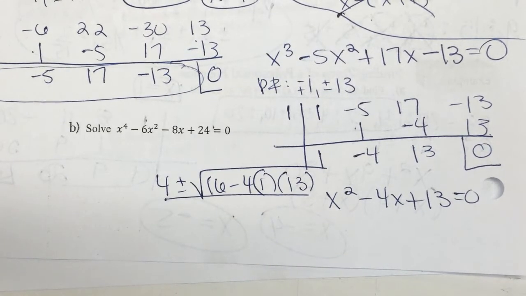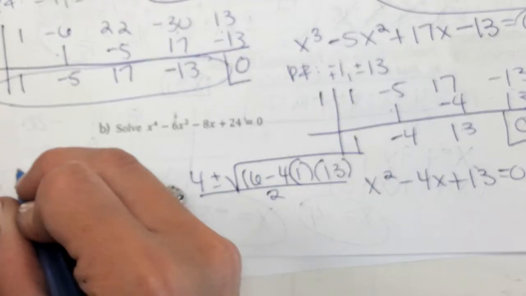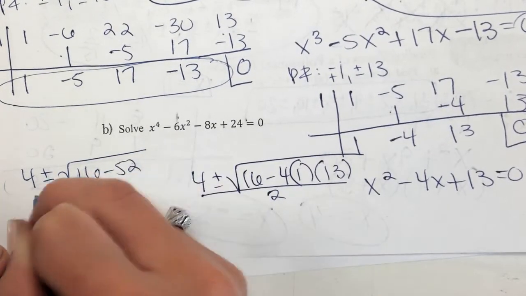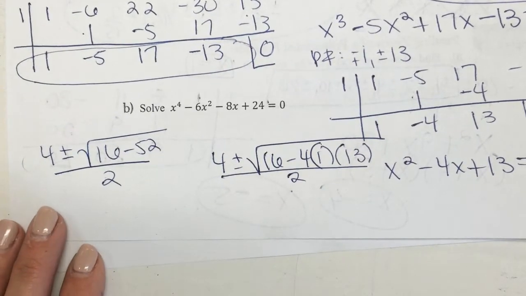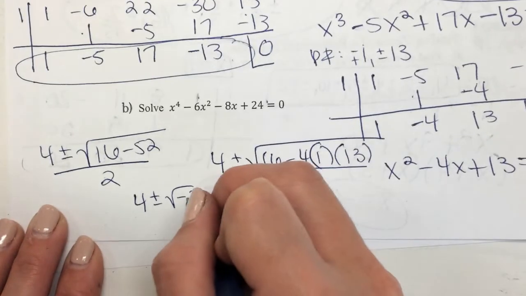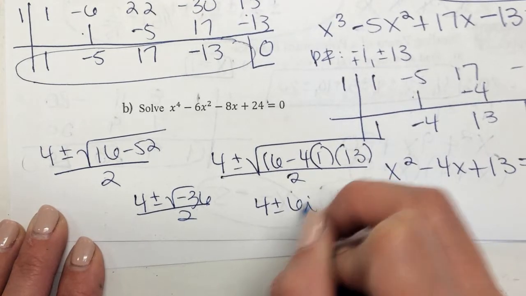What is 13 times 1 times 4? 52, right? So we get 4 plus or minus the square root of 16 minus 52 over 2. What's 16 minus 52? What is the square root of -36? Yes. Thank you. 4 plus or minus 6i over 2.